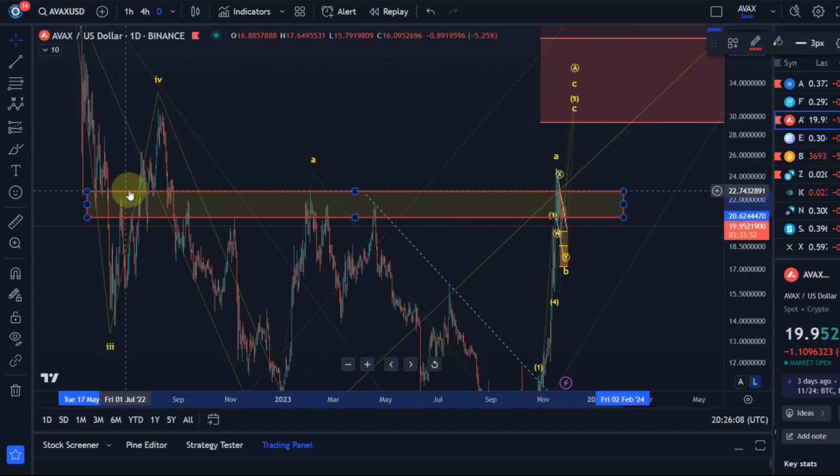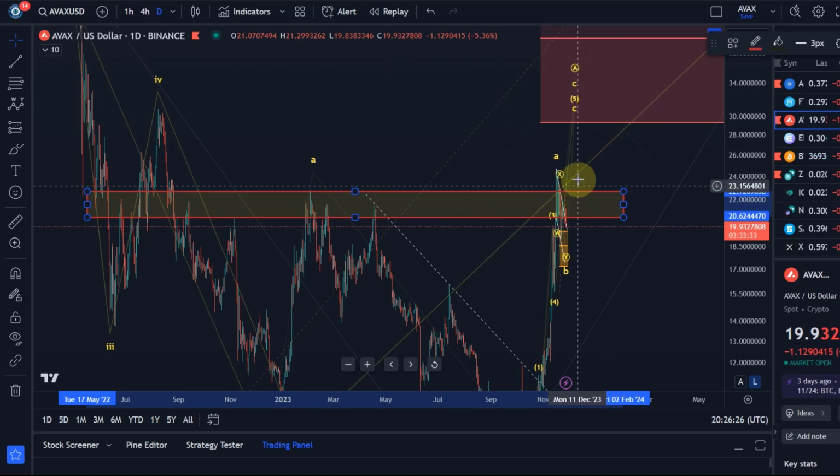This is a structural resistance area with all these previous peaks that define this area. We had a fake out, but besides that, it was respected here, not always, but since May 22. So it's quite a difficult one to get above.